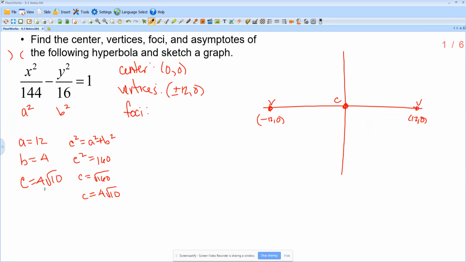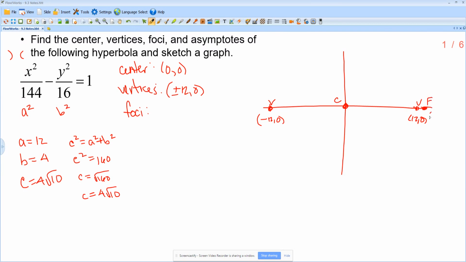Now, you may not know exactly what 4 square root 10 is, but you know that square root 10, because square root 9 is 3, is a little bit more than 3, times 4 gives me 4 times a little bit more than 3. So that's going to be a little bit more than 12. And how is that helpful? Well, what you know then is my focal point is pretty close to this vertex because it's just a little bit more than 12.